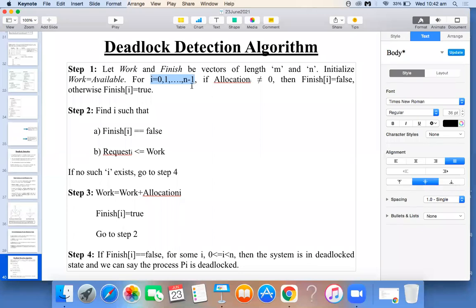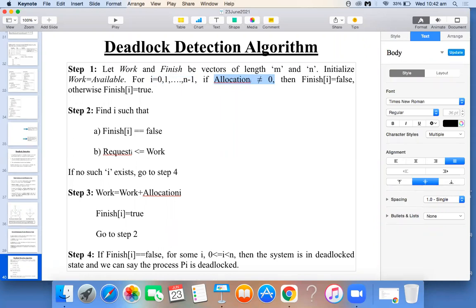In the first step, we are checking the allocation value of every process. That's why I have written here allocation of i is not equal to 0. We check that every time. In your problem they will give the matrix and you have to check every process's allocation, whether it is not equal to 0.